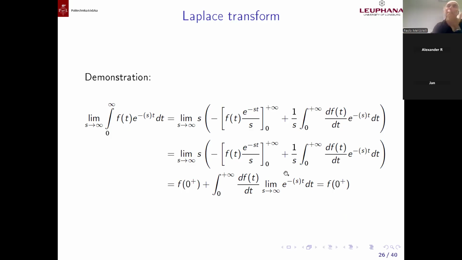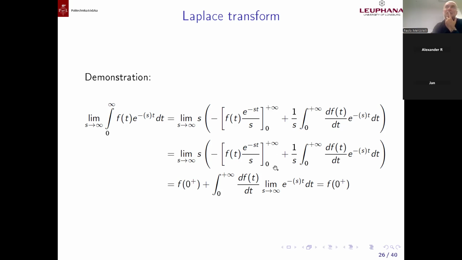At the end of the calculation, this is 0, this is 0. This s will cancel with this s. Why is this f plus?